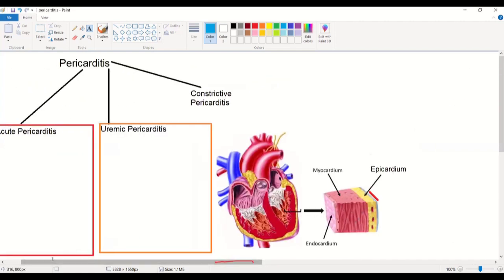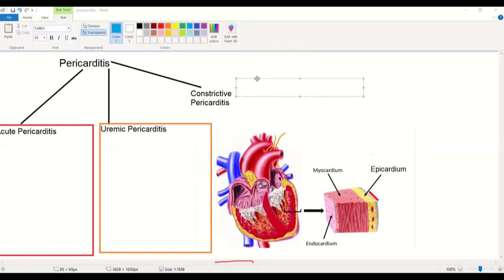Can anybody tell me, what is the most common cause of constrictive pericarditis in the USA? Idiopathic or viral. What about developing countries?